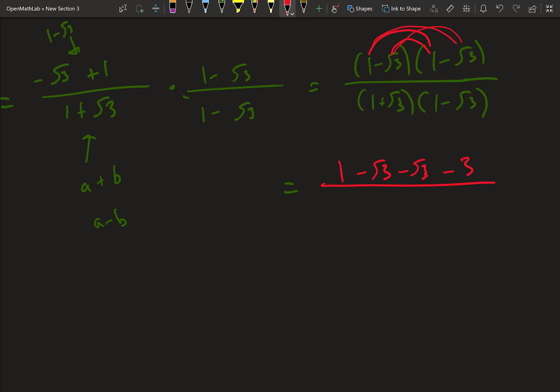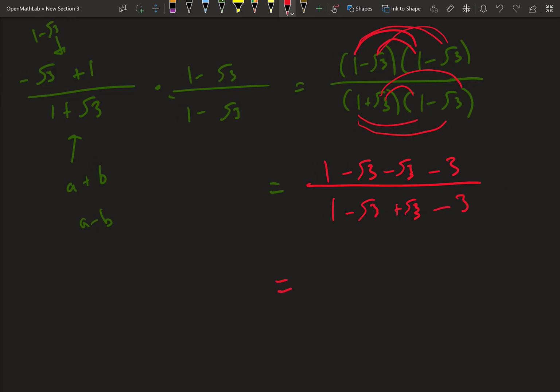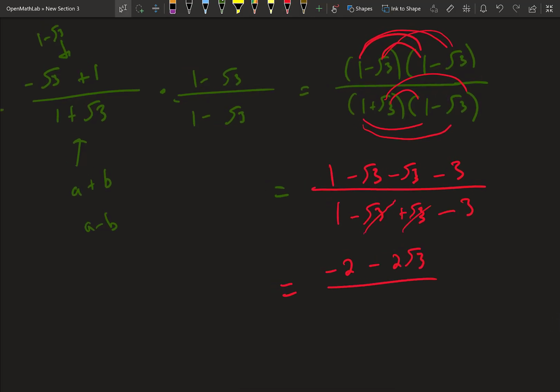And then multiplying the bottom through, 1 times 1 is 1, 1 times negative radical 3 is minus radical 3, and then radical 3 times 1, so plus radical 3, and then lastly radical 3 times negative radical 3 would be minus 3. So simplifying this, what we end up with is negative 2 minus 2 radical 3 in the top all over, so these cancel, so 1 minus 3 is negative 2.